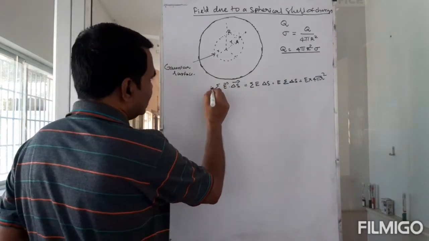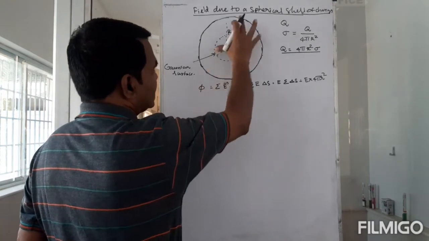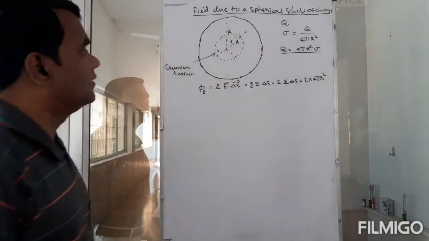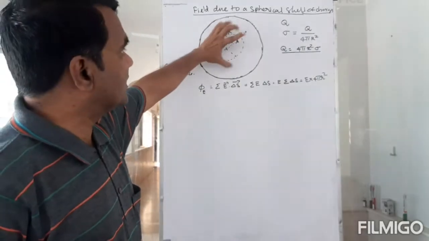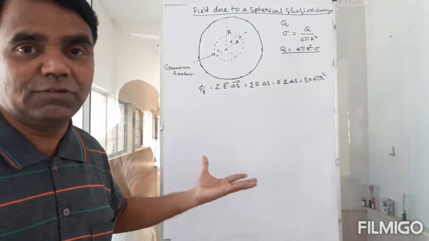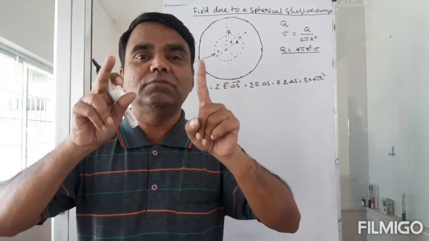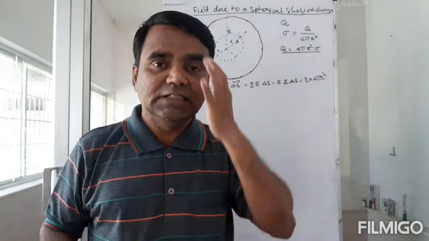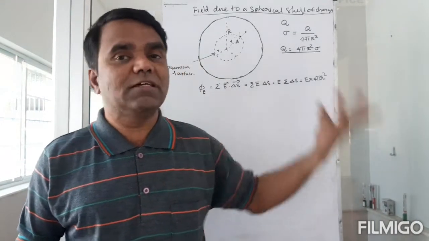So that would be the flux coming out from the sphere, not at this point alone, but from the entire sphere. I don't know the E value, but it's going to be the same for every point on the surface, and if you multiply it by the entire area, then that must be equal to the flux coming out of it.